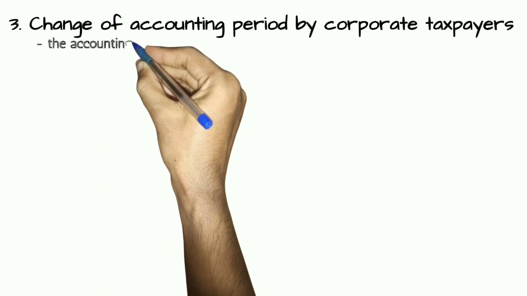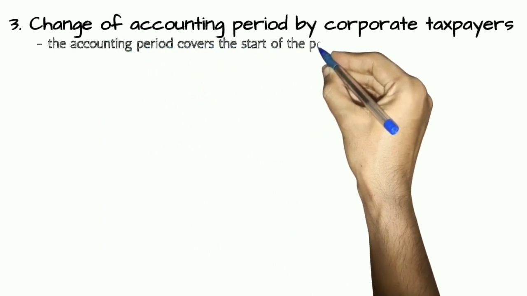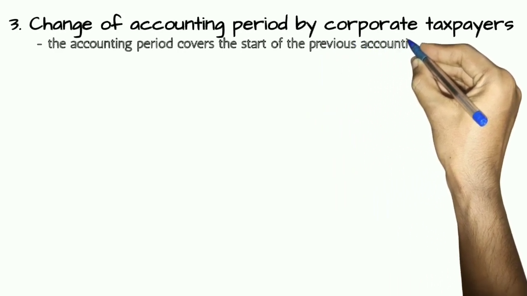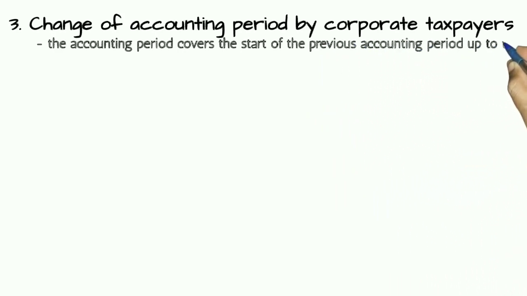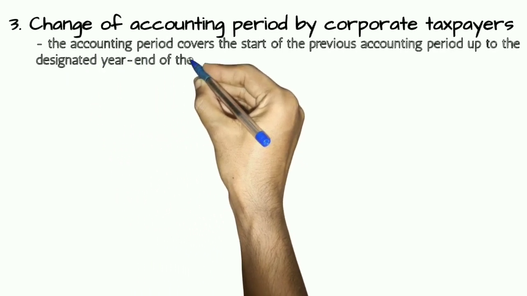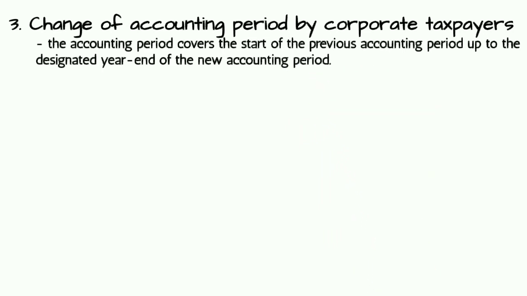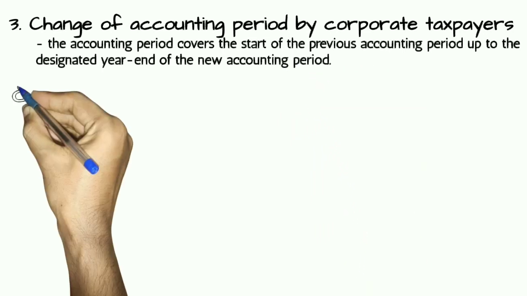If there is a change of accounting period by corporate taxpayers, the accounting period covers the start of the previous accounting period up to the designated year-end of the new accounting period. Let's have examples.